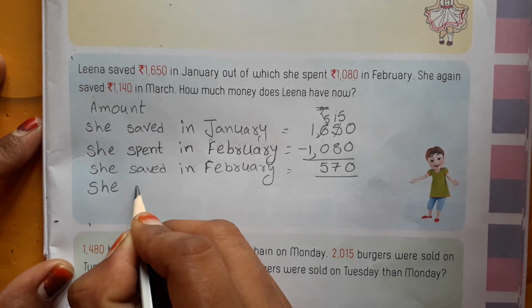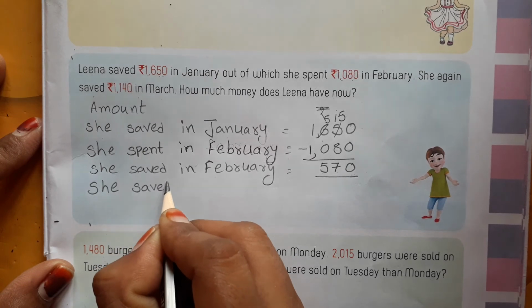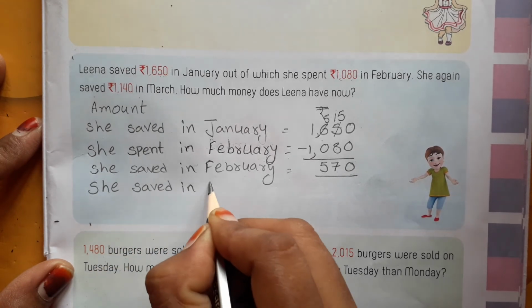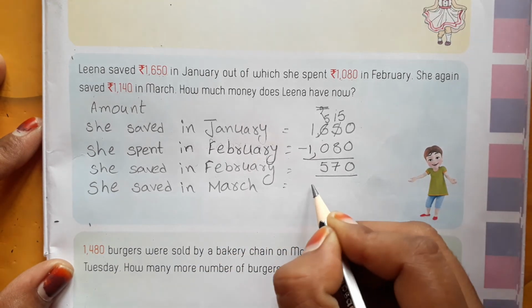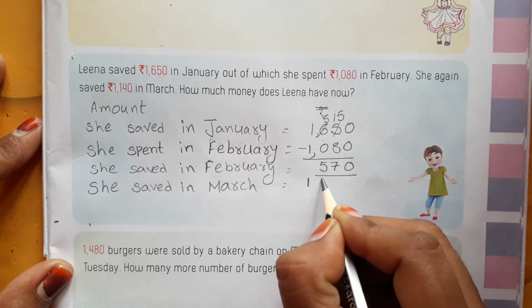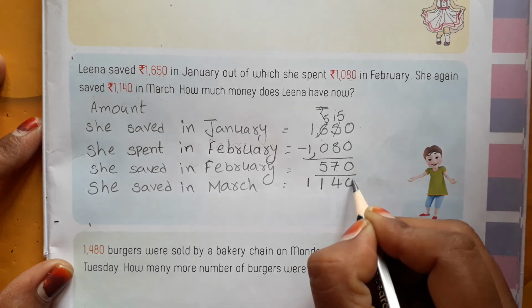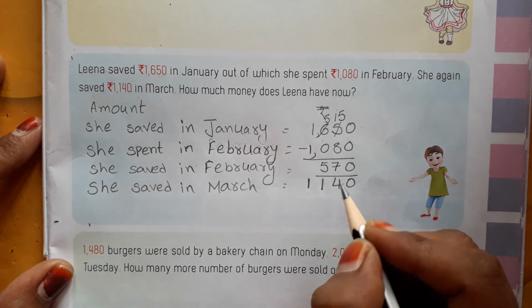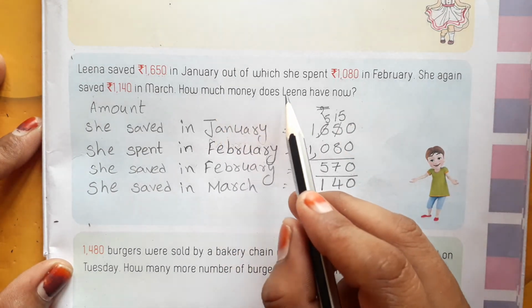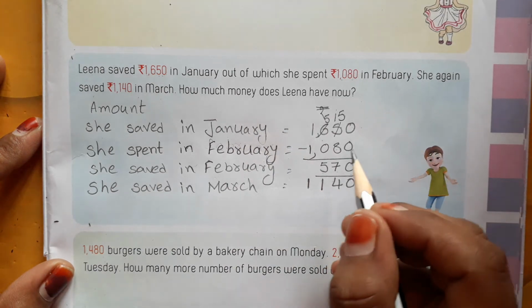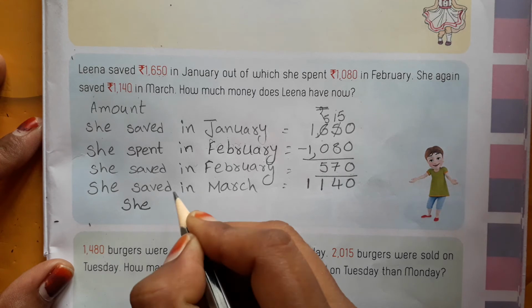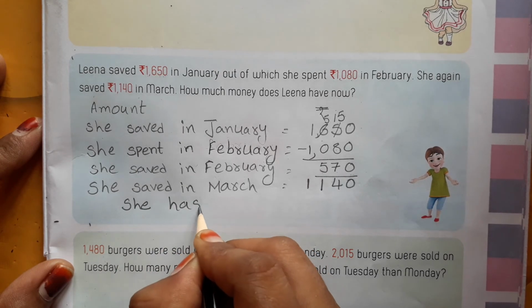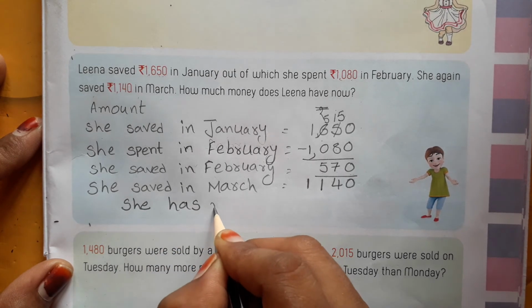Amount she saved in March. How much? 1140. Now what are they asking? How much money does Leena have now? So amount she has now.